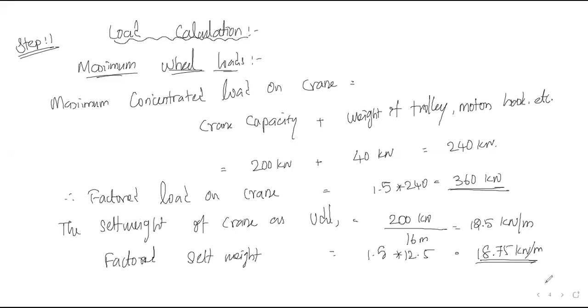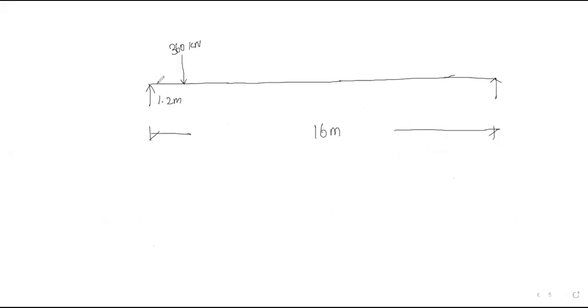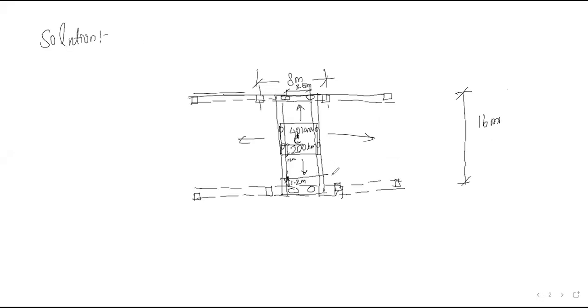Now this one I am going to give as a UDL throughout the span. This is span NDA and this is NDB. So here we can have wheel loads at this end and this end. Refer to this figure 1.